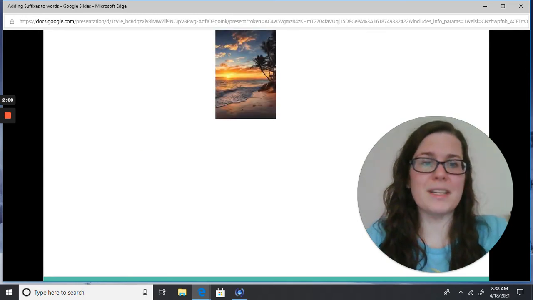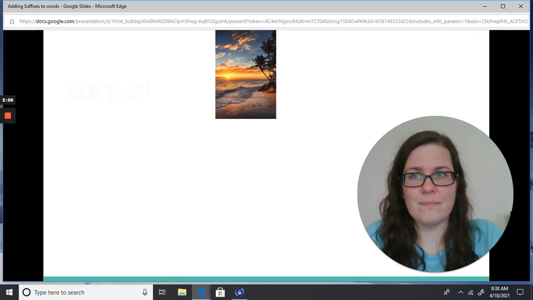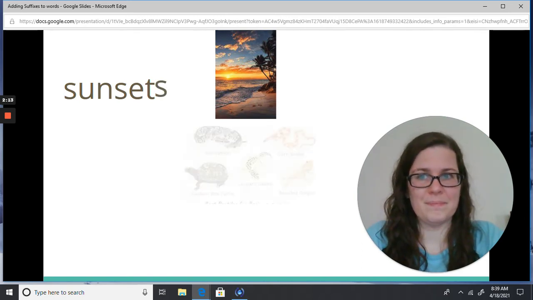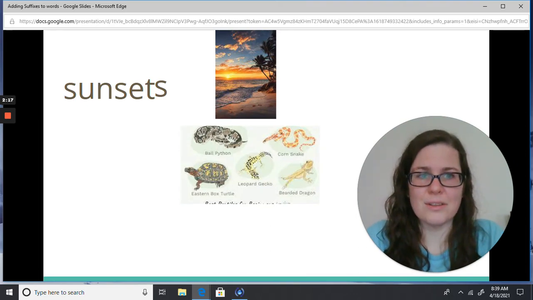So here are some more examples of two-syllable words adding S. That is sunset. Sunset, a compound two-syllable word. When we add S to the end of that word, it's sunsets. And we've already done this one. Reptiles.